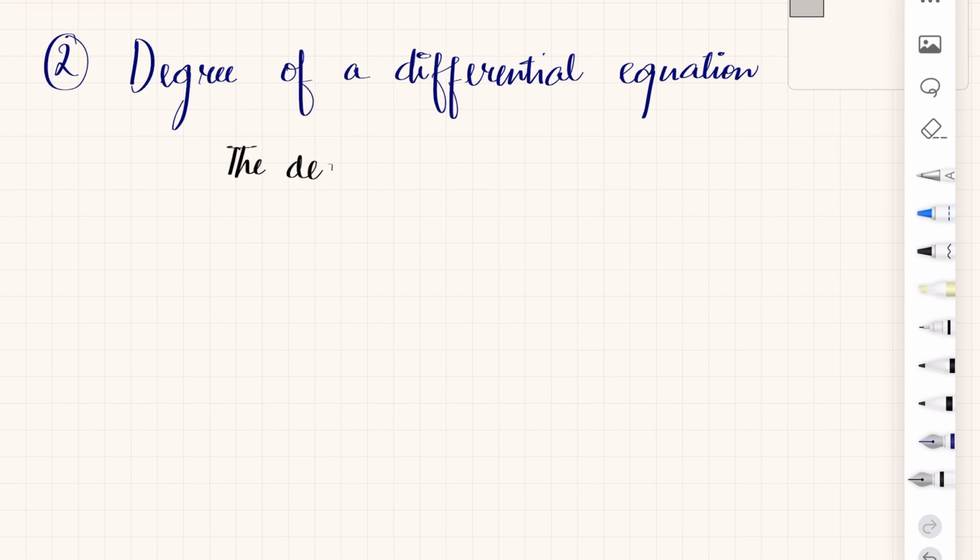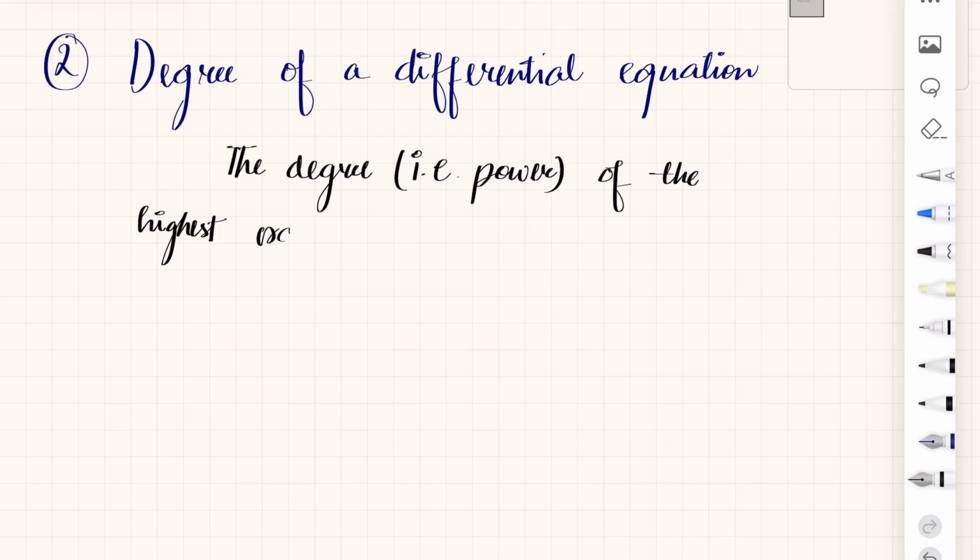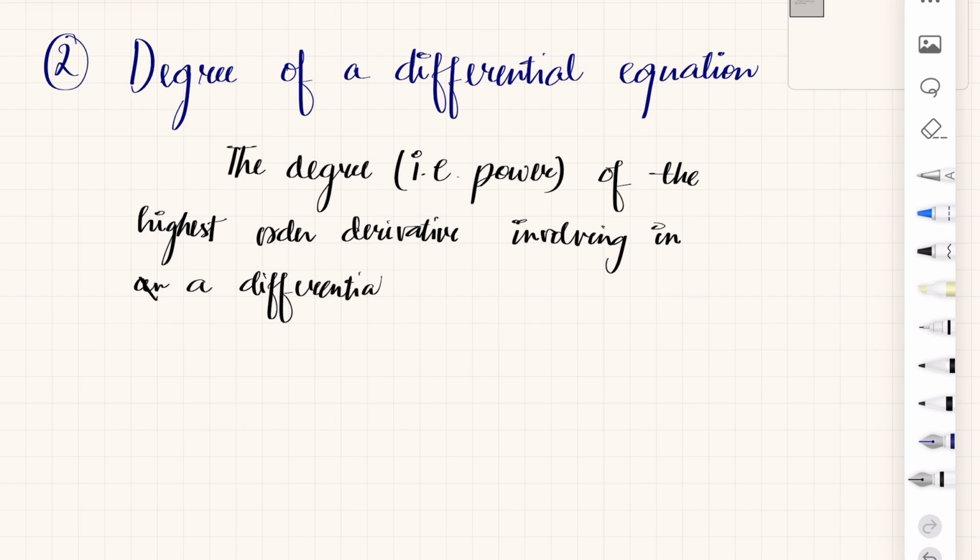The degree is what we can say is a power. The degree of the highest order derivative involved in a differential equation.